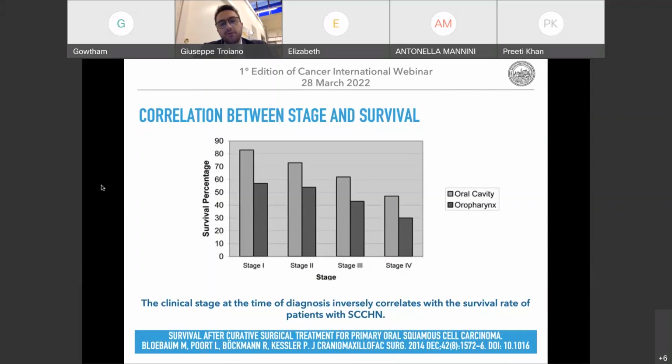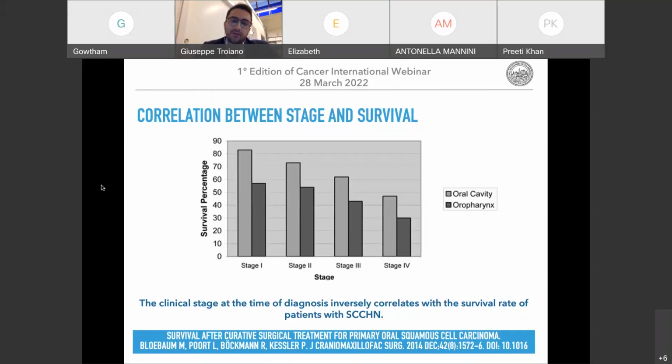This is because of the possibility to surgically remove the whole tumor bulk and to bring the patient to a tumor-free status.